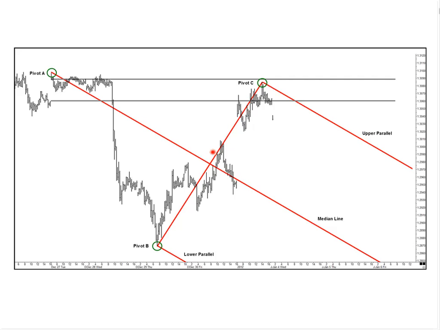But the key for me, if I'm right, is I want to sell as close as possible above this pivot A, because that's where the sellers are, anywhere down in here.